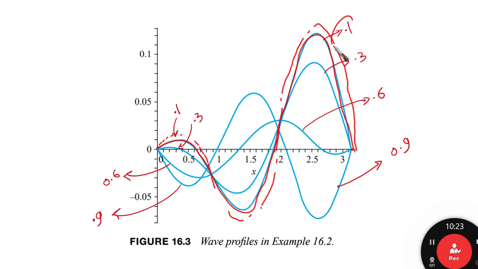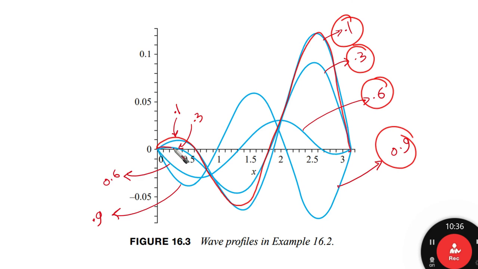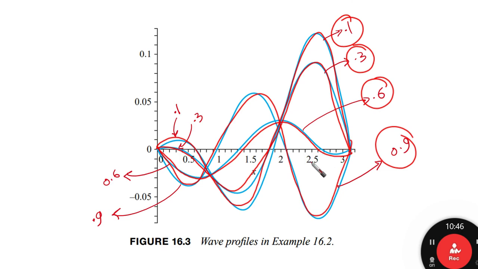And then this is 0.1, then this is 0.3, this is 0.6, and this is 0.9. So it goes like first one, then second one, then the third one, and then the fourth one, something like this. It is like flipping here. So these are the wave profiles of the equation.